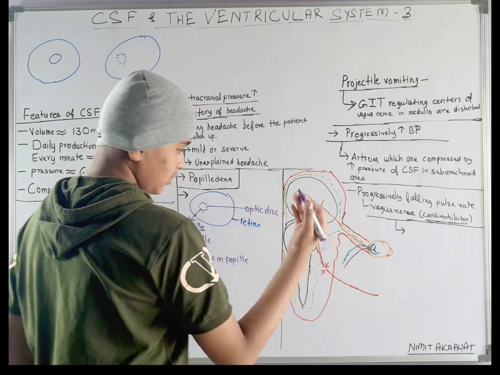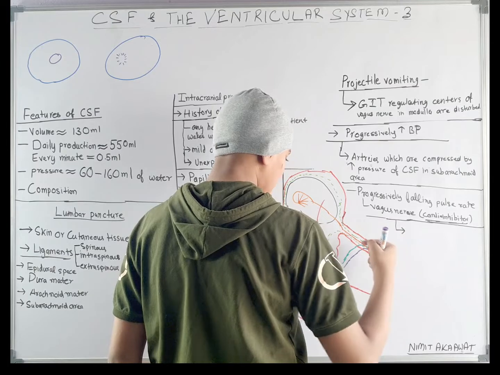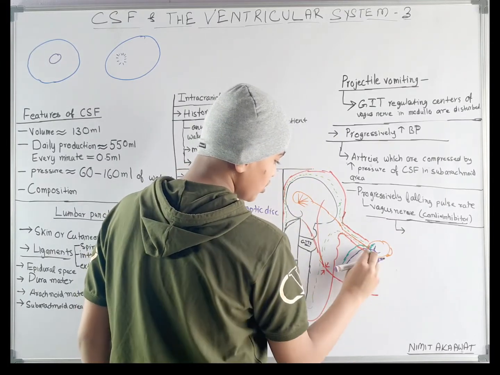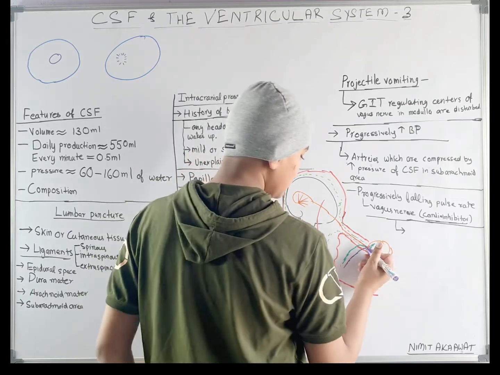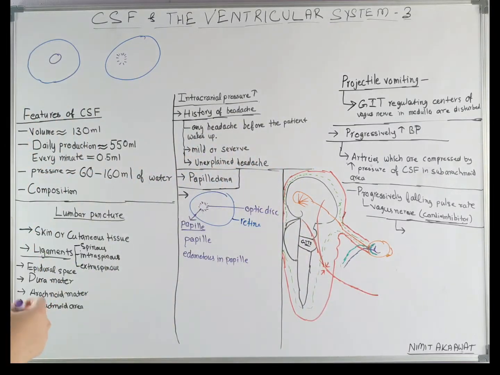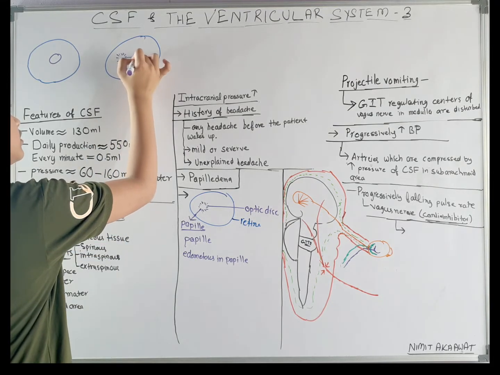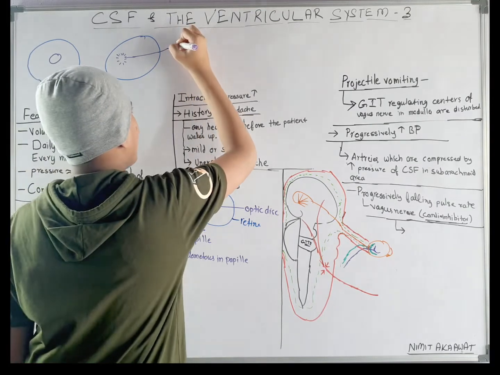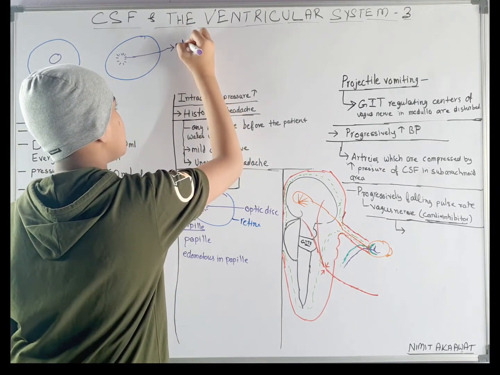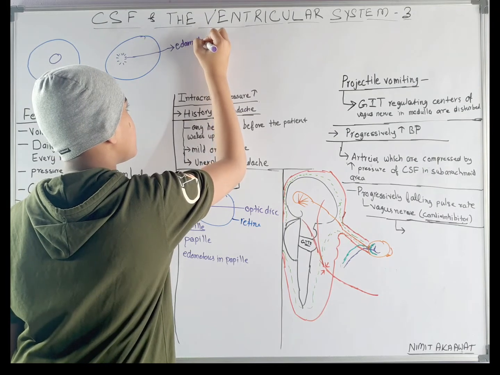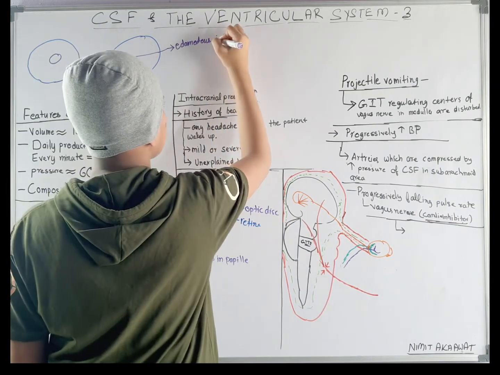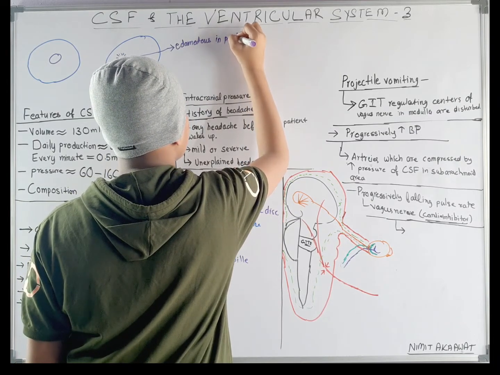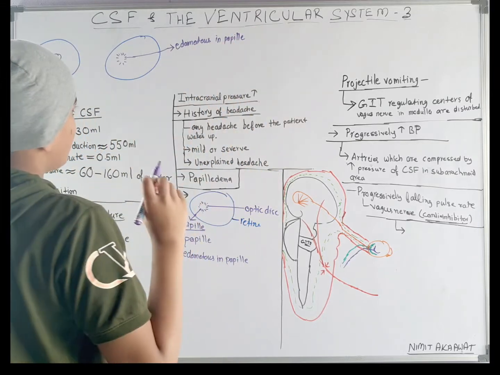Because the central retinal vein is not able to drain the blood from the retina to our heart because of high intracranial pressure in the subarachnoid area. So this is edematous papilla, and this is called papillary edema.